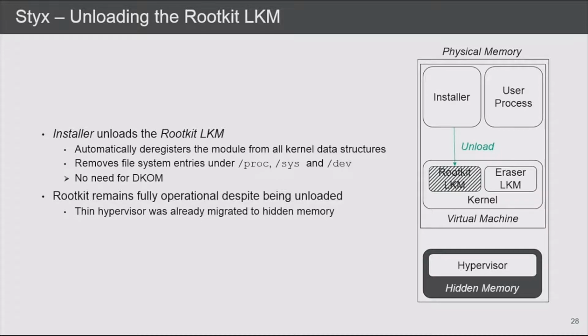And the nice thing is that we do not need any direct kernel object manipulations anymore. This is all deregistered automatically. Keep note that the rootkit, despite unloading its module, will stay fully operational because at this point we already have installed its thin hypervisor into the hidden memory.